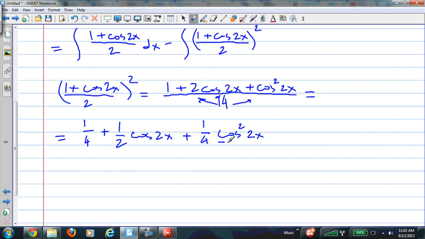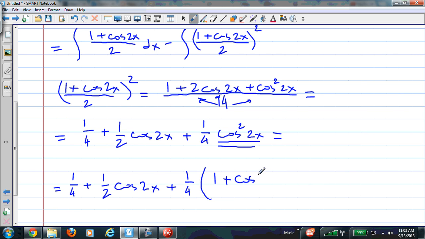And I'm just going to apply the power reducing formula to that term again. Using the power reducing formula, I get 1 plus cosine of the double angle, so that's 4x now, doubling 2x.